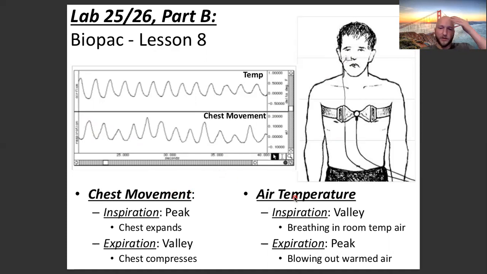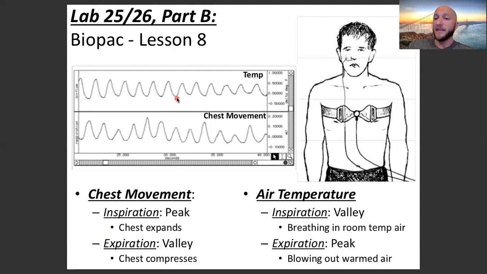For the air temperature, the temperature of the air in the room is lower than our body temperature. So as we inhale, we're breathing in cold air. So inhale, we have cold air going past the thermometer. We have the valleys.